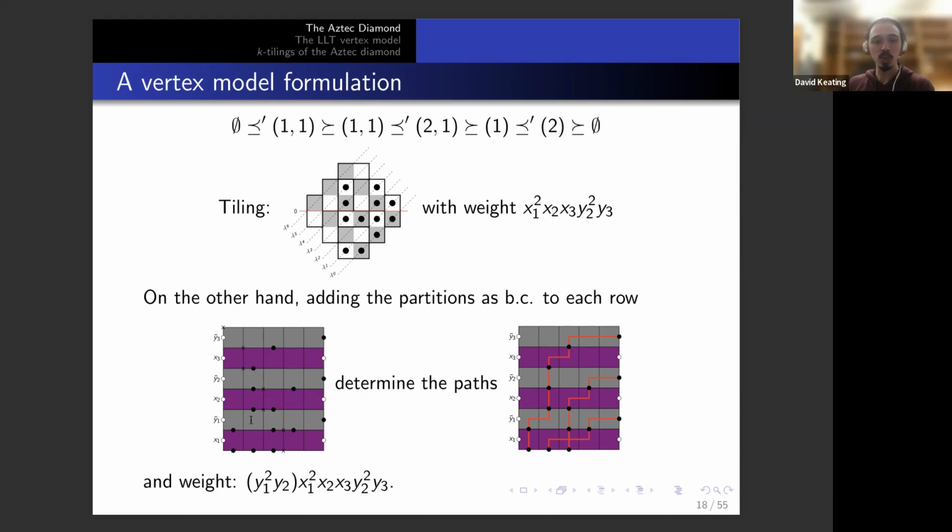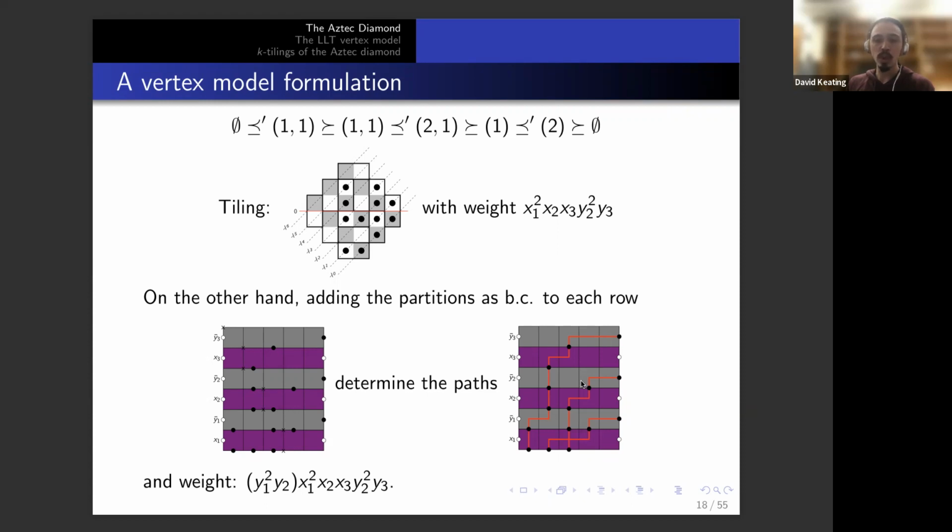So to each horizontal slice, we can assign dots according to what partitions we want to be there. And then these particles uniquely determine the path configuration, because in each row, the boundary conditions uniquely determine the path configuration.